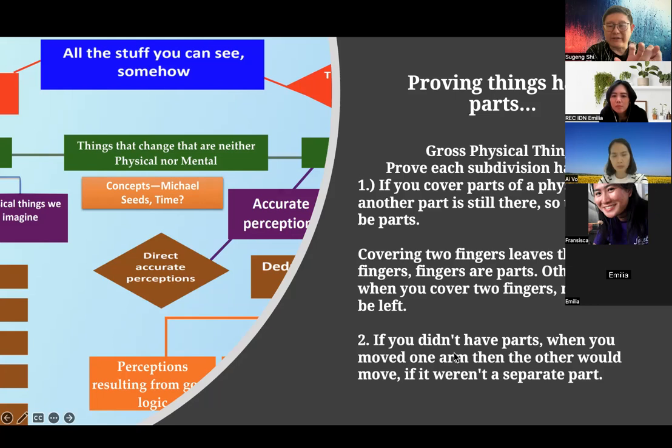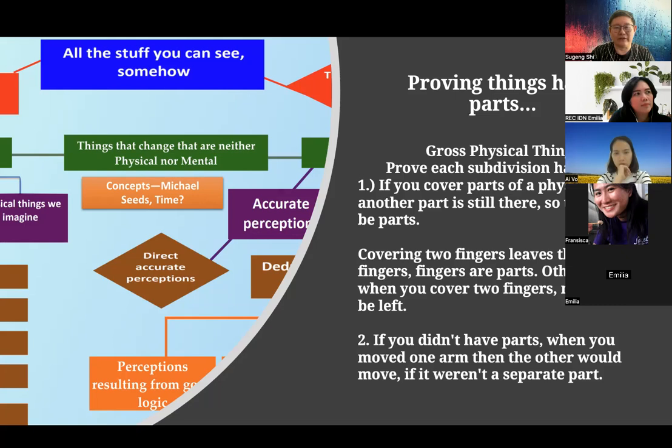This is to prove that the hand has parts. How about proving that the hand is one? Parts means the hand is many. We cannot say that the hand is one, because what? If the hand were one without parts, if I cover part of the hand, the whole hand should be gone.